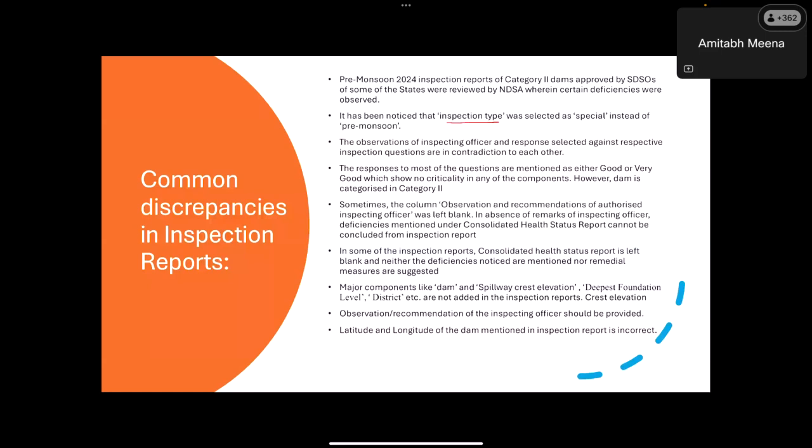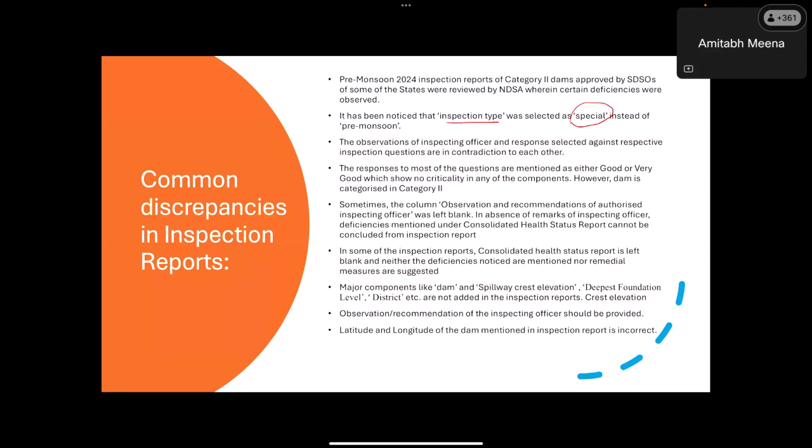Some of the DSUs choose special as the inspection type rather than pre or post monsoon. They should be careful and choose the inspection type carefully, otherwise it will not reflect in our system in the counting of pre-monsoon or post-monsoon inspections.